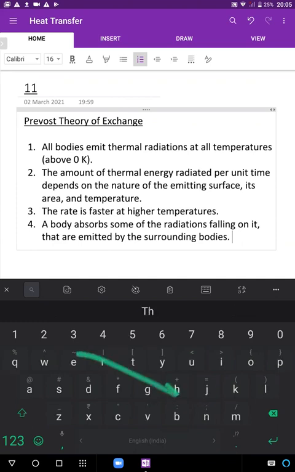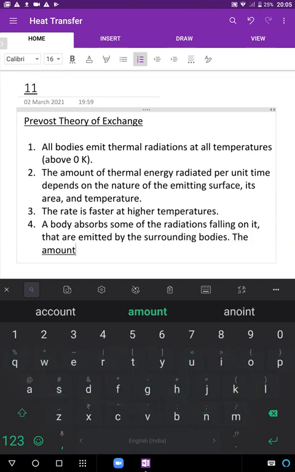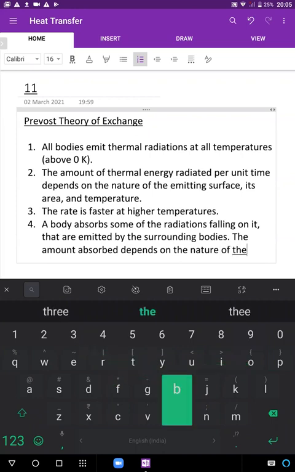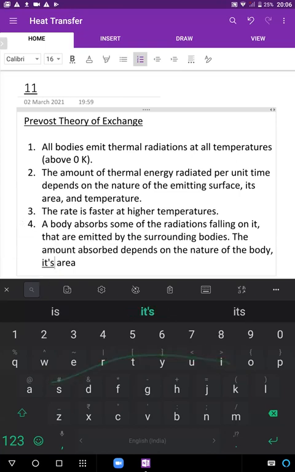Now the amount absorbed, what will that depend on? The amount absorbed depends on, again, first of all, the nature of the body. Blacker bodies absorb more, whiter bodies absorb less. So the amount absorbed depends on the nature of the body, its area, and its temperature.